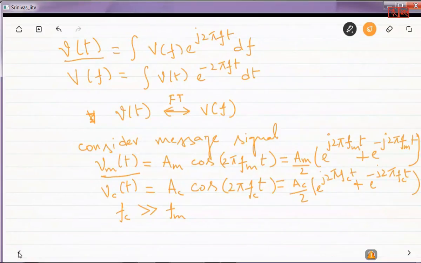Vm of t's bandwidth is 0, right? If somebody asks you, either in a viva or somewhere, what is the bandwidth of Vm of t? It has got no bandwidth, in the sense it's a pure sinusoid, a pure cosine signal, just a delta function at Fm.